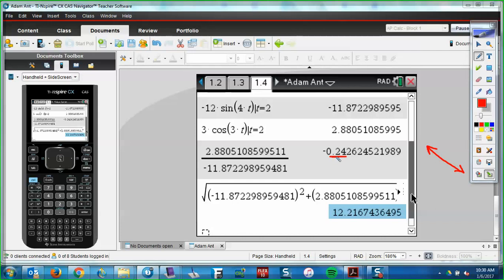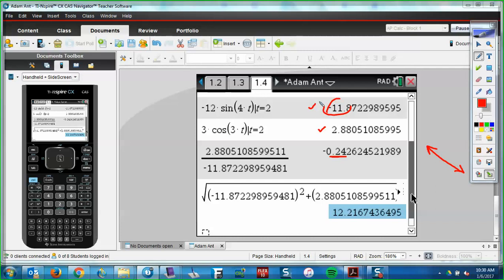The slope's pretty flat. So it's going more left. But I like what you guys said too. It's got a lot more horizontal velocity going left than it does upward velocity. Of course that's a factor because we divided this by this. So if you've got a lot bigger number for x prime, that's on the bottom, you're going to get a lot smaller fraction for your slope, and it's going to be more level. So it all makes sense.